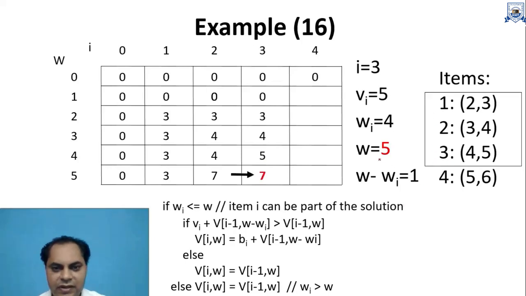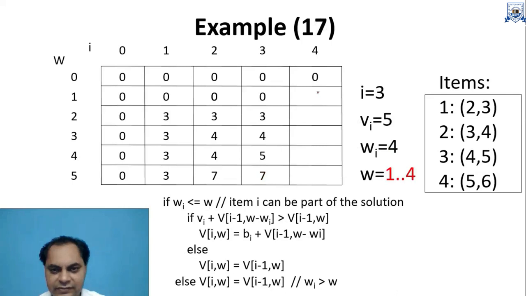Similarly, if we consider all 4 items, and the capacity is 1, none of the items can be accommodated, so it is 0. If the capacity is 2, the first item can be accommodated. If the capacity is 3, only the second item can be accommodated.